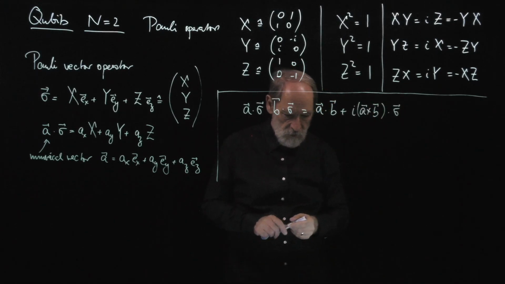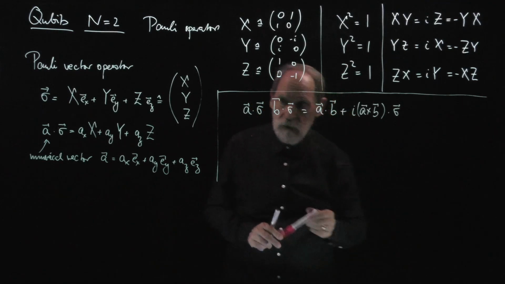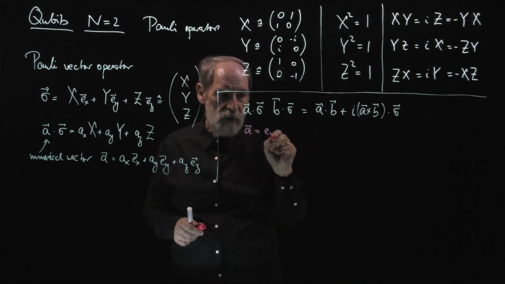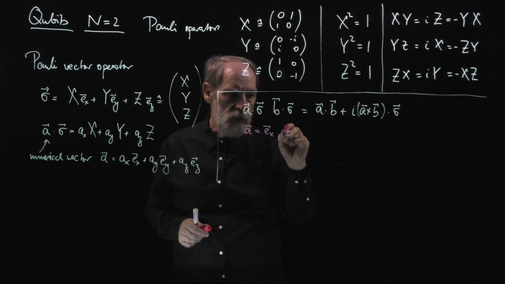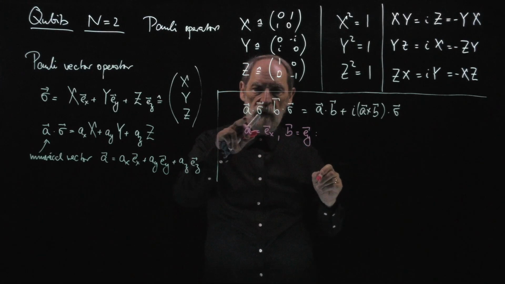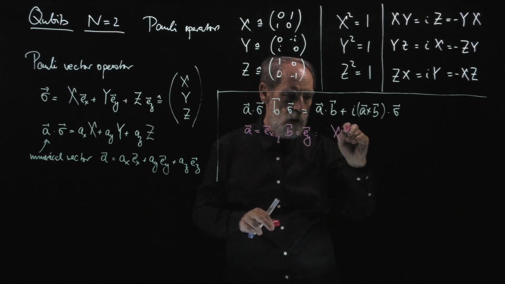So let's just check this with a little example. Say we have A equals the unit vector in the x direction and B equals the unit vector in the y direction. Then the A dot sigma is x, the B dot sigma is y.